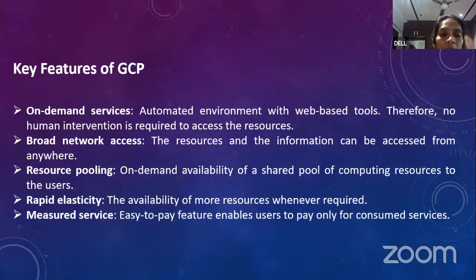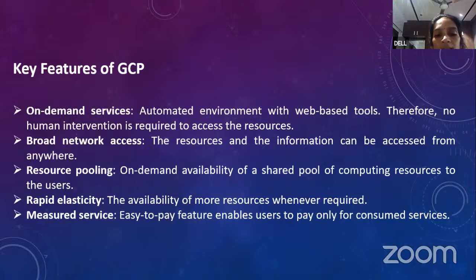Resource pooling, rapid elasticity. Suddenly, if we get terabytes of data, Google provides that much storage capability for our data. Some other cloud technologies may not give that much rapid elasticity, but Google provides it because of its worldwide data centers and networking technology.